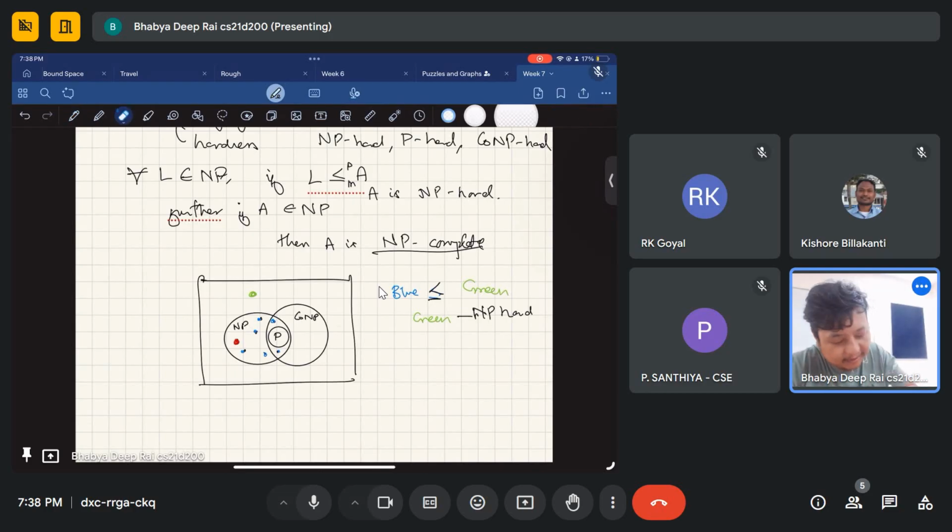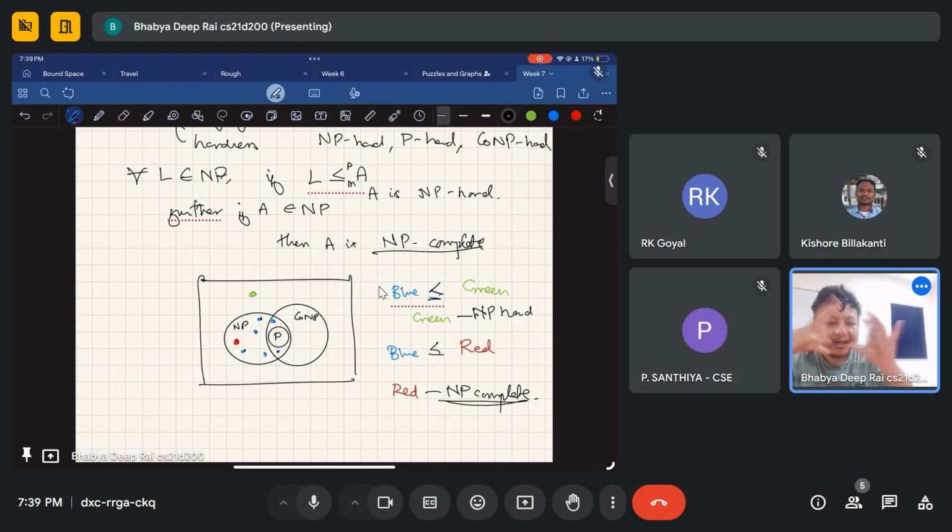But if everything blue reduces to red, and because red is already sitting inside NP, red is NP complete. NP complete sort of represents that class NP.